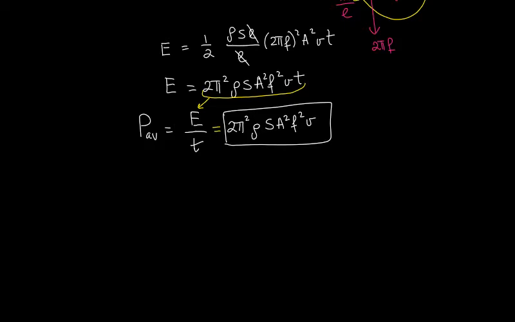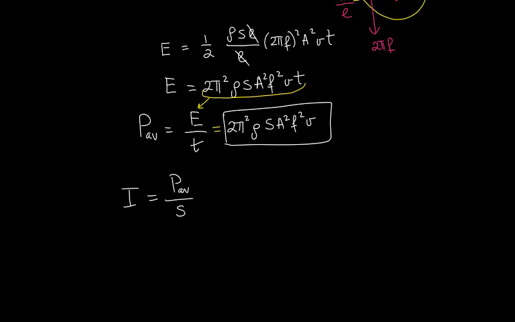So now finally, let's talk about the intensity. How intense is this? The intensity of a wave, denoted as a capital letter I, is defined as average power per unit surface area perpendicular to the direction of energy flow.